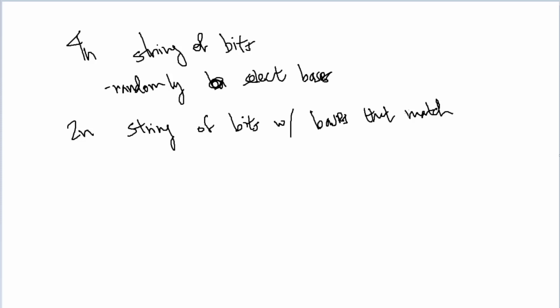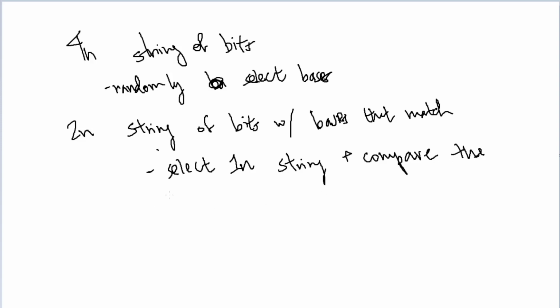From there, what they do is select a 1n long string and compare the values. Within this string of 2n where the bases match, they compare the values of half of these bits that they have.